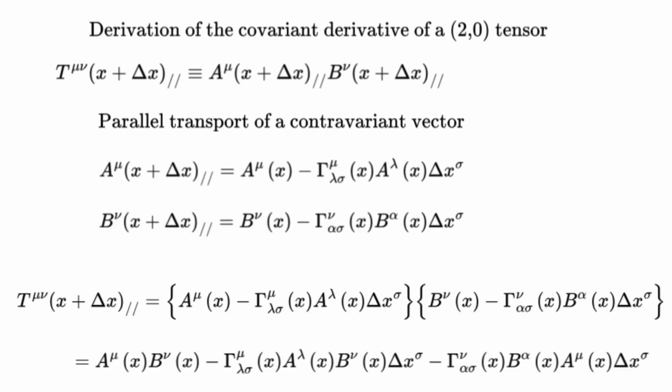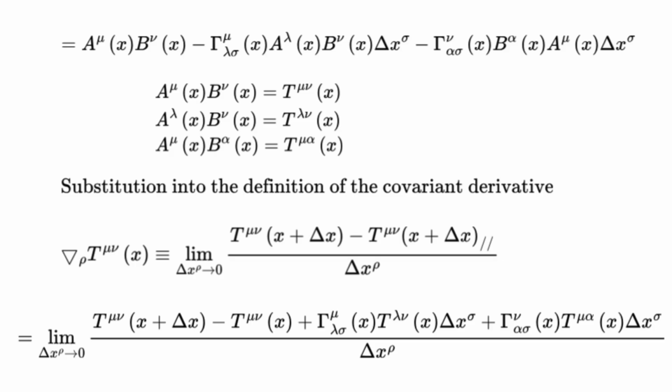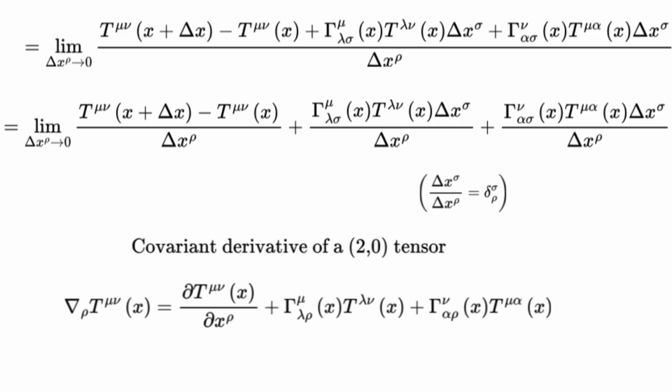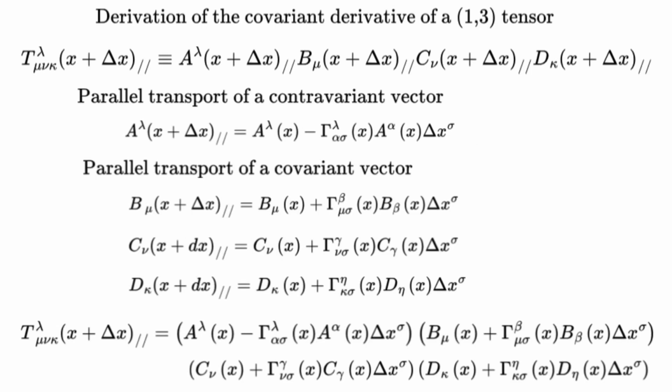Derivation of the covariant derivative of a 2-0 tensor. Derivation of the covariant derivative of a 1-3 tensor.